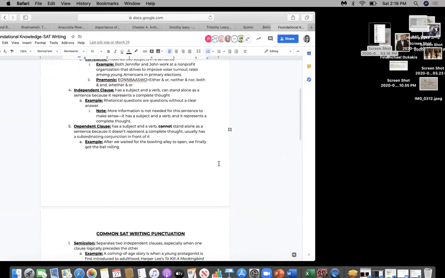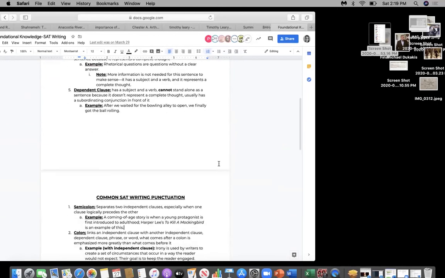When you know that, then you know that another independent clause could be, Joseph Stalin was born, I believe, 1927. He ruled the former Soviet Union.